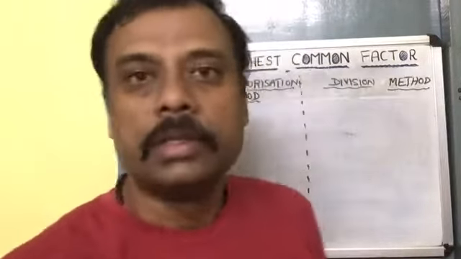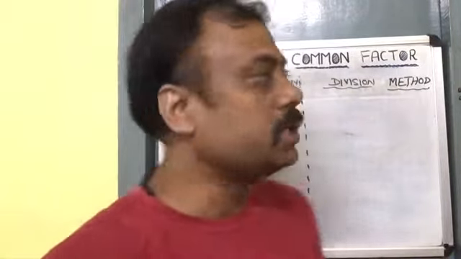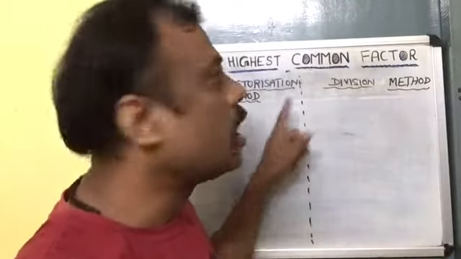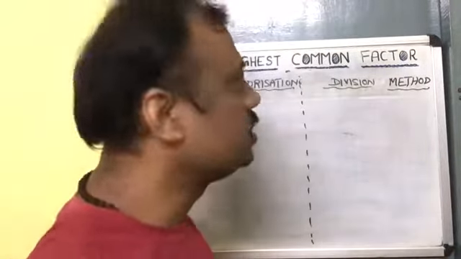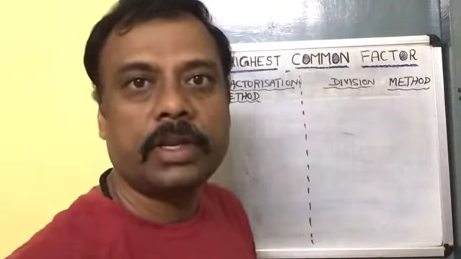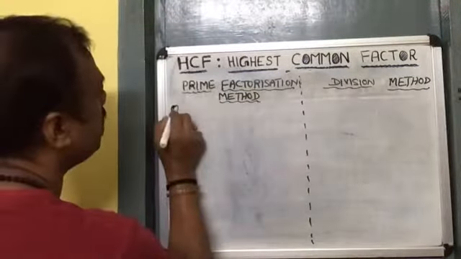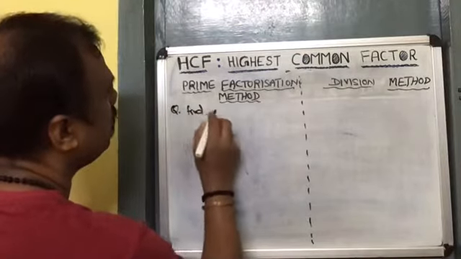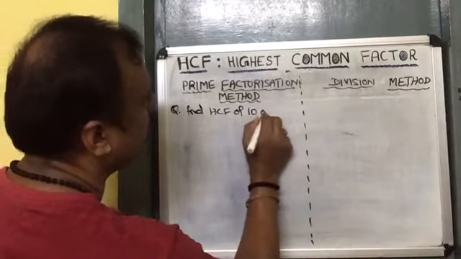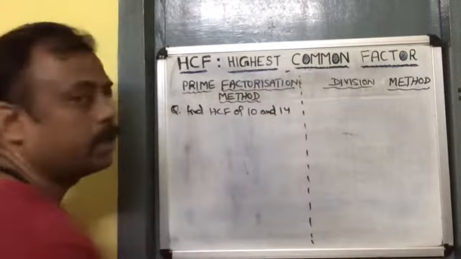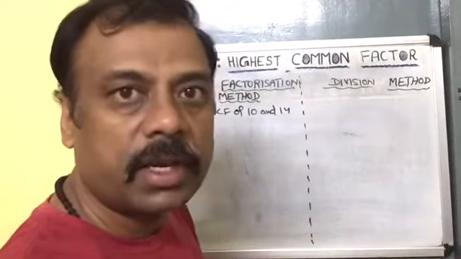There are two methods to find the HCF of given natural numbers. One is the prime factorization method and the other is the division method. Let us check the HCF of the same example, 10 and 14, with both methods. Find the HCF of 10 and 14. For this method, first we have to find the prime factors of 10 and 14.